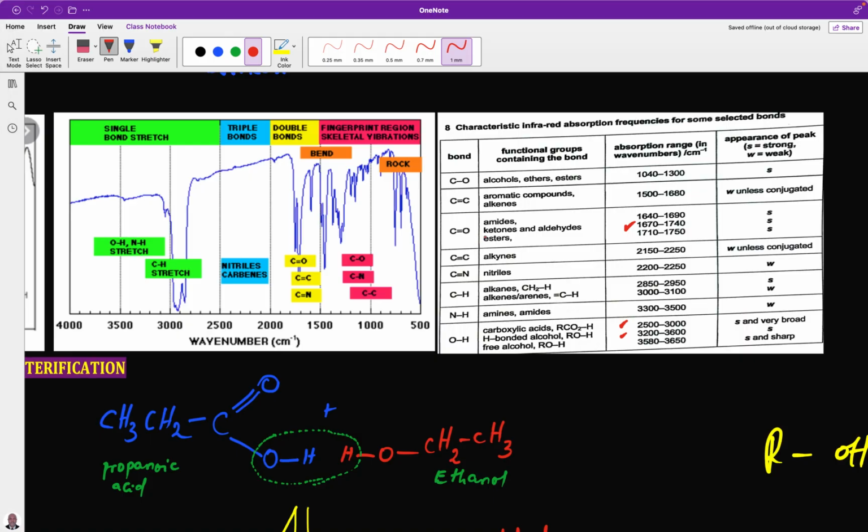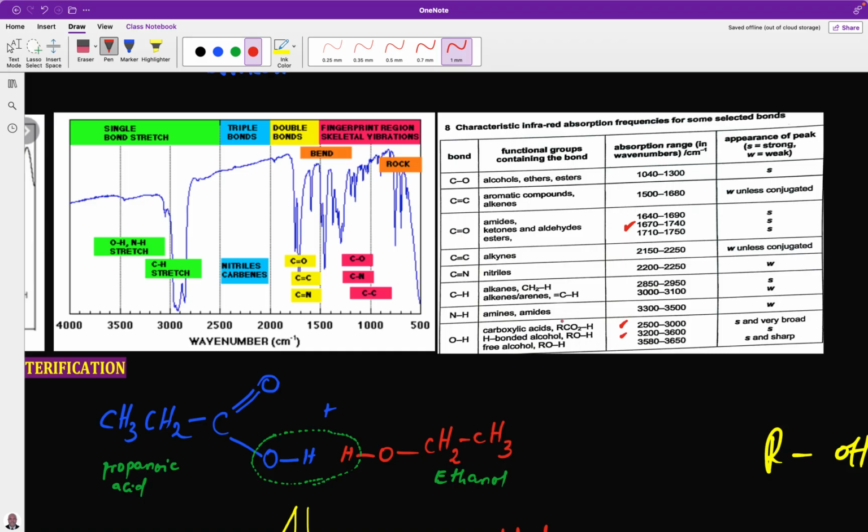But in the acid, in propanoic acid, we will have this peak. The peak is present in propanoic acid, but in propan-1-ol, the peak will be absent because propan-1-ol does not have the carbonyl group.